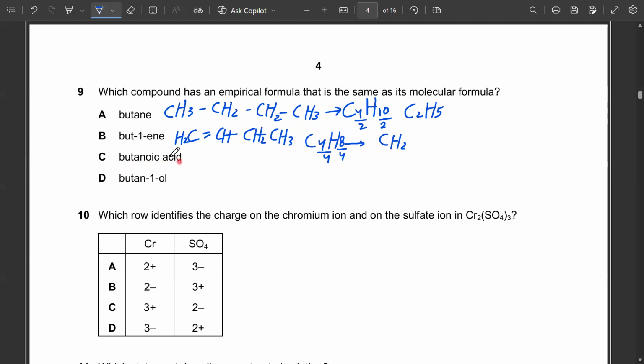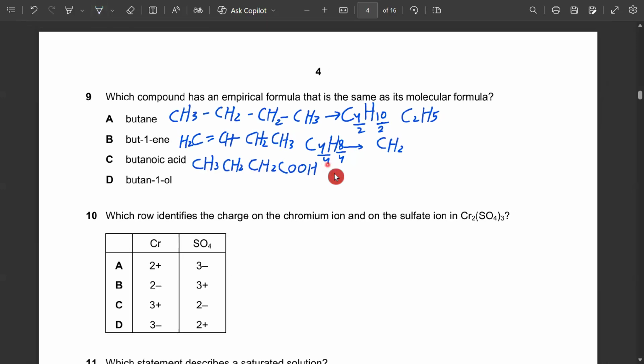And then C option, butanoic acid. So it's again of 4 carbon atoms. So its structural formula will be CH3, CH2, CH2, and then COOH. Now its molecular formula.